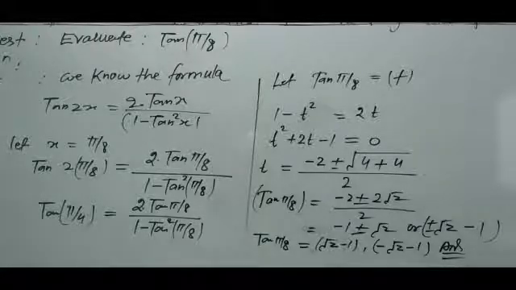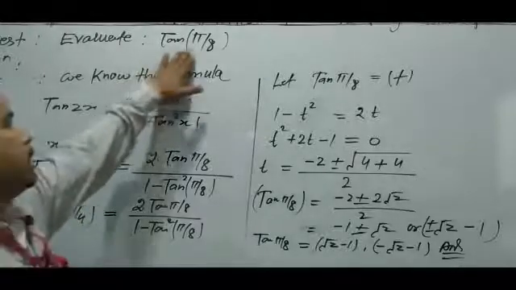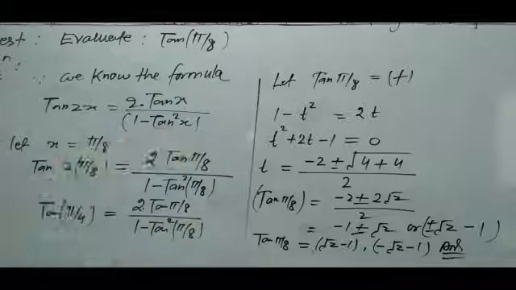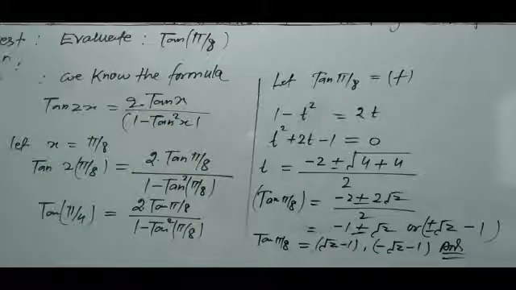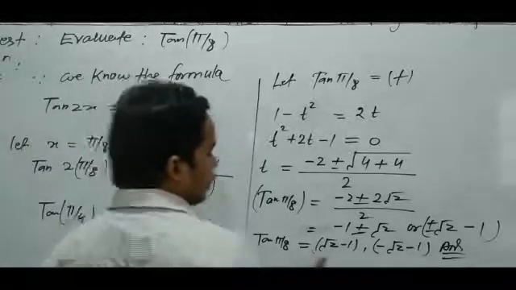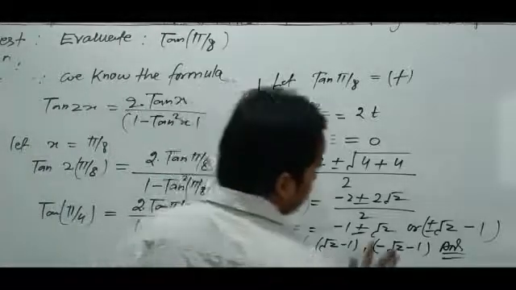You know, pi by 8 is an angle that lies in the first quadrant, so all values are positive. So by calculation we get two values, but only this value will be the answer. This value we cannot take.